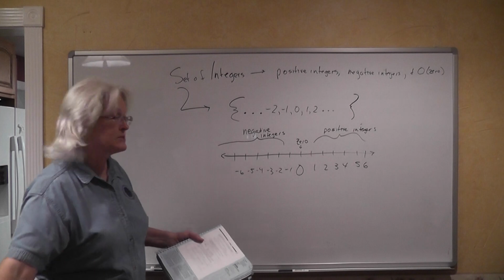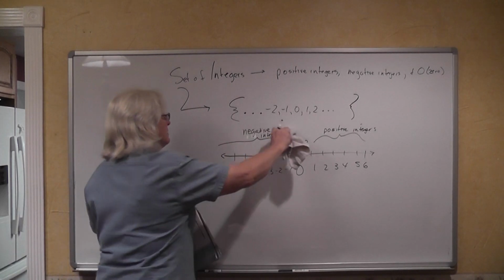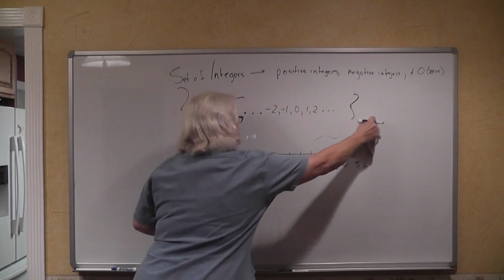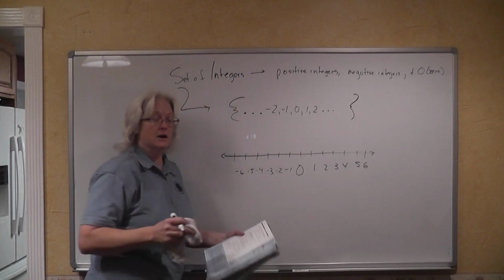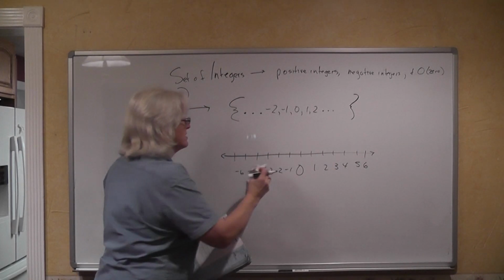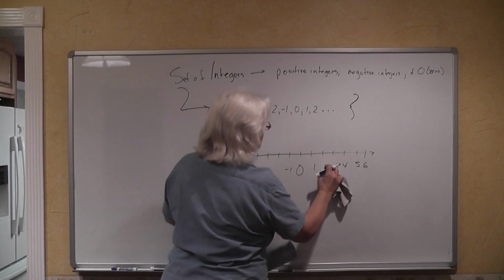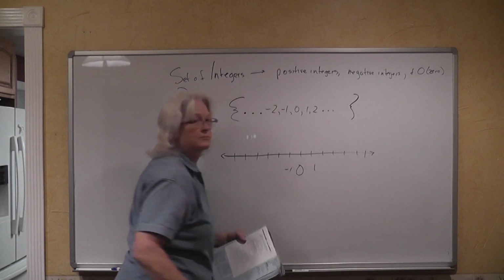I'm going to keep this number line that I've drawn, and I'm going to remove pieces of the information. And we're going to see what they want us to do in our problem.